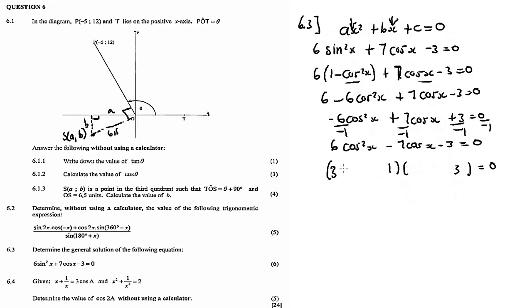So (3 cos x plus 1)(2 cos x minus 3). Therefore, cos x is equal to minus 1 over 3, or cos x is equal to 3 over 2.